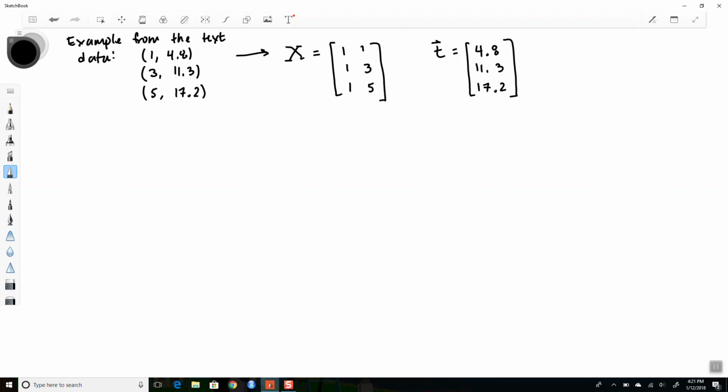Okay, and so our best estimates for w are going to be X transpose X inverse X transpose T, and so this would look like X transpose, which would be 1, 1, 1, 1, 3, 5, times 1, 1, 1, 1, 3, 5.